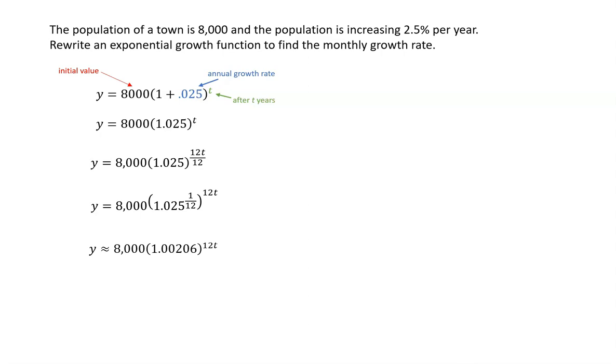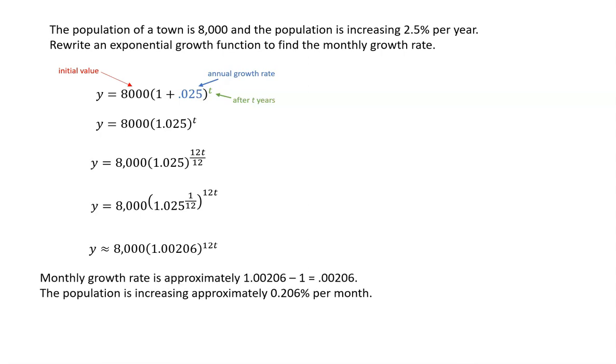So 1.025 to the 1/12th power, or the 12th root of 1.025, is 1.000206. And so our monthly growth factor is the 100% plus our rate of growth. That's our growth factor that's in the equation. So to get our growth rate, we're going to subtract the 1.